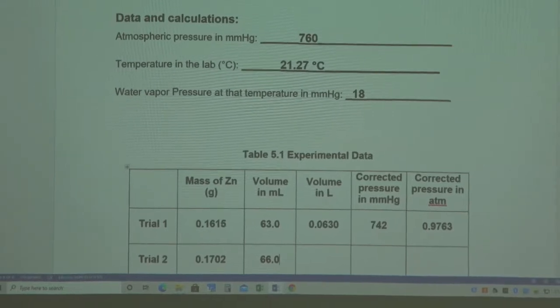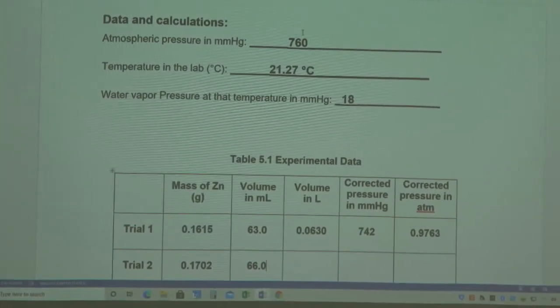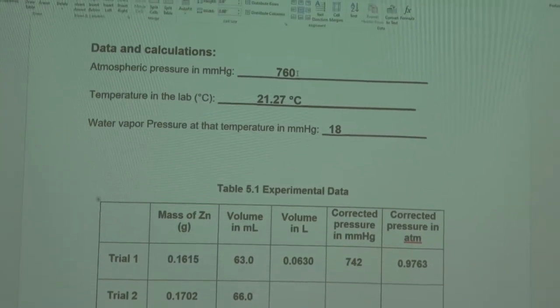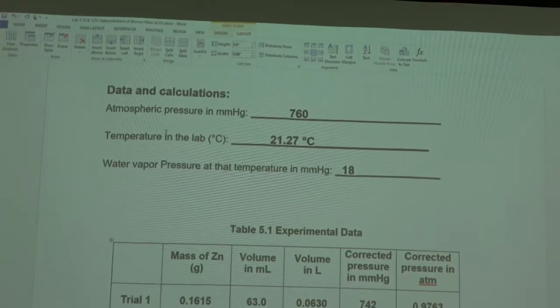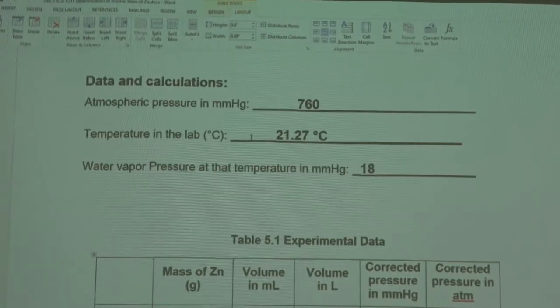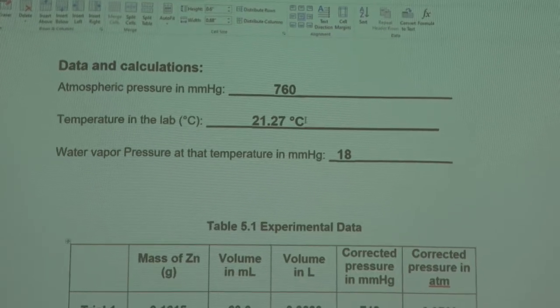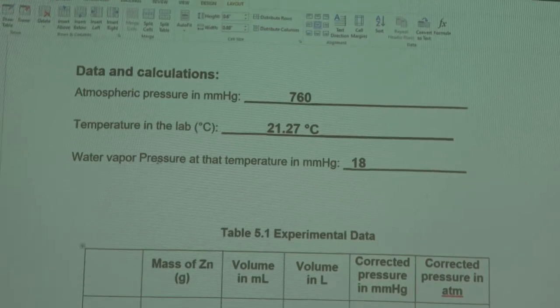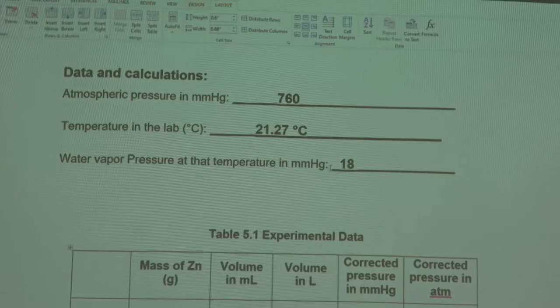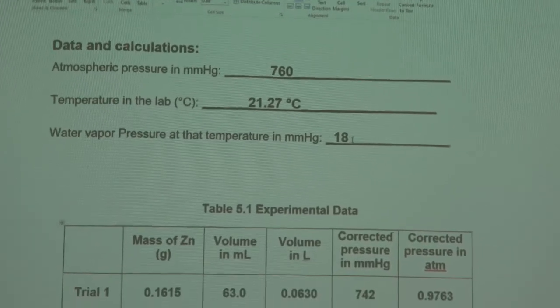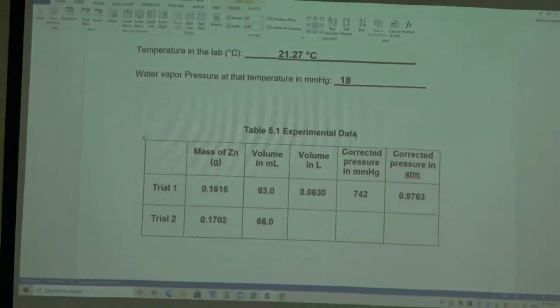So now we have that the atmospheric pressure in the lab is 760 millimeters of mercury. The temperature of the water and the lab is 21.27 degrees centigrade. And the vapor pressure of water at that temperature is 18 millimeters of mercury.